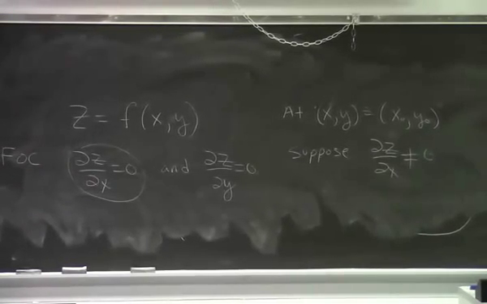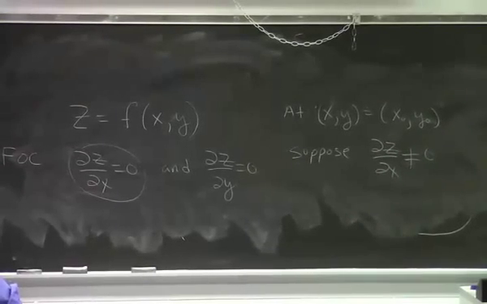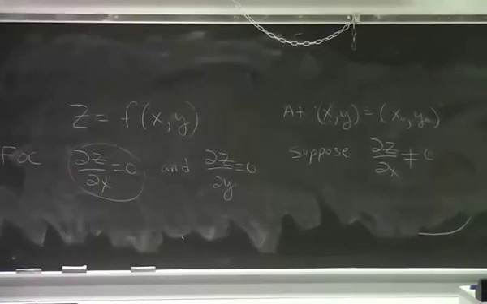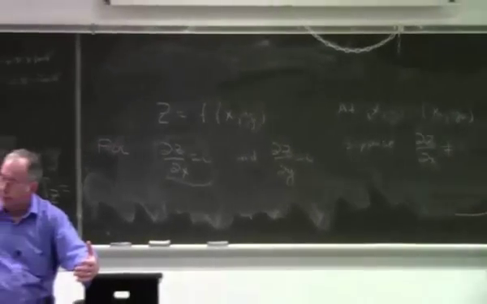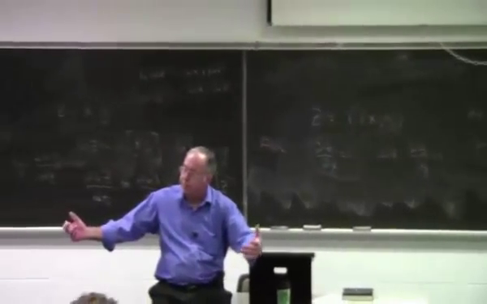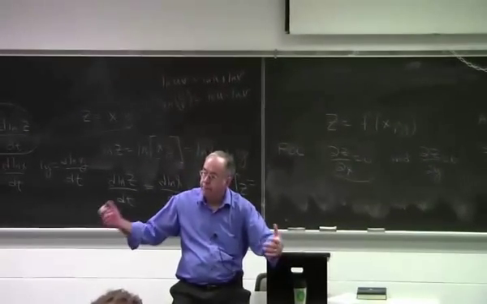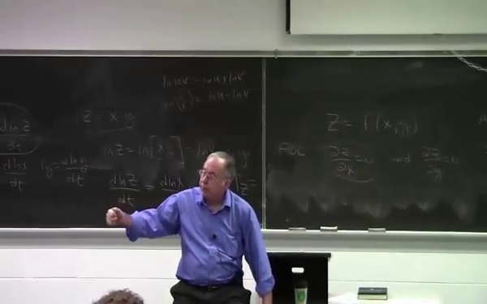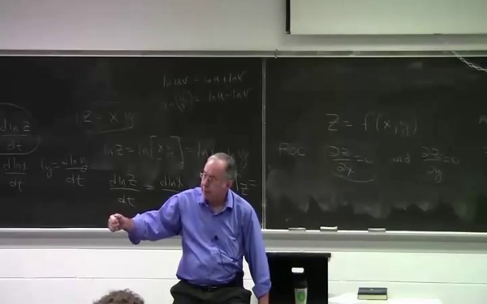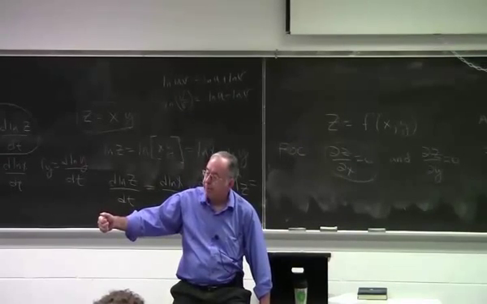It's easy. Just think about it. What does it mean if partial z, partial x is positive? In simple words, what does it mean? If you increase x a little bit beyond x0, what happens to z?